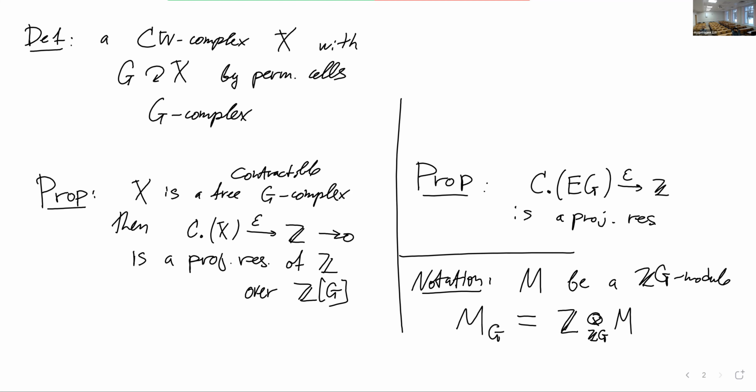We take M, and then we quotient out by the submodule generated by the differences m minus gm, where m is in capital M and g is in G. So this is one functor.